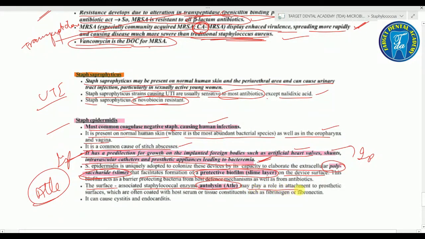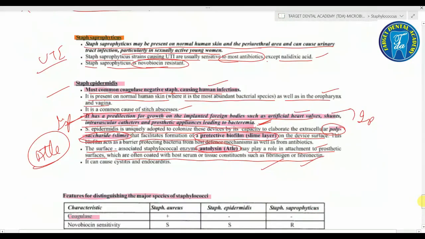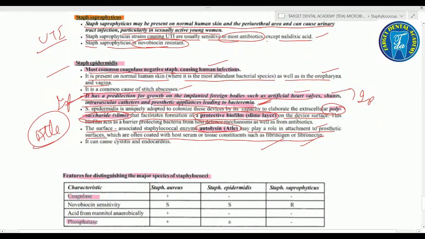It may play a role in the attachment to prosthetic surfaces, which are often coated with host serum or tissue constituents such as fibrinogen or fibronectin. So it can cause cystitis and endocarditis. Important.